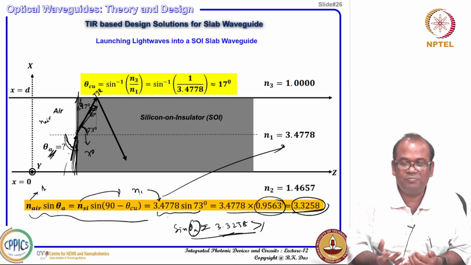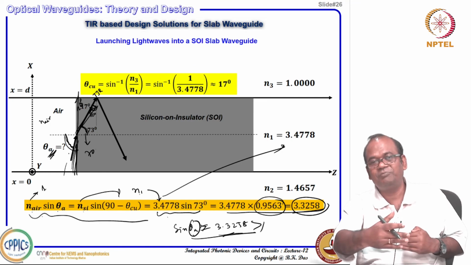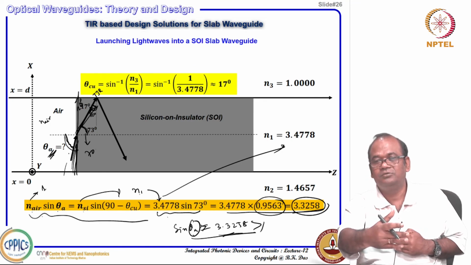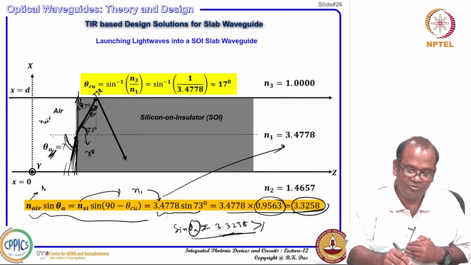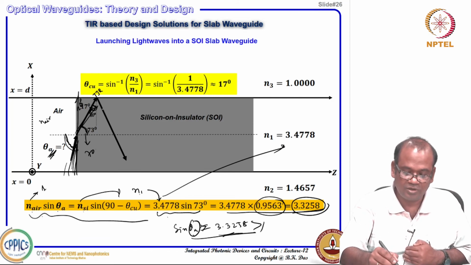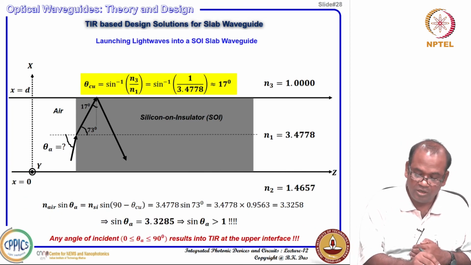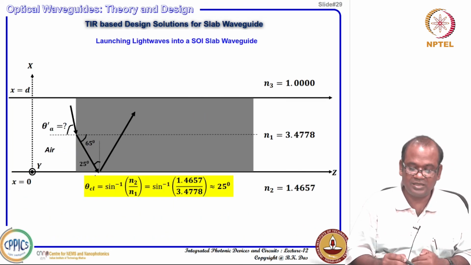Because of the very high refractive index of the silicon device layer, your acceptance angle is very wide. So any angle you launch, light can come in and total internal reflection can take place. The same argument is true for the other side also.